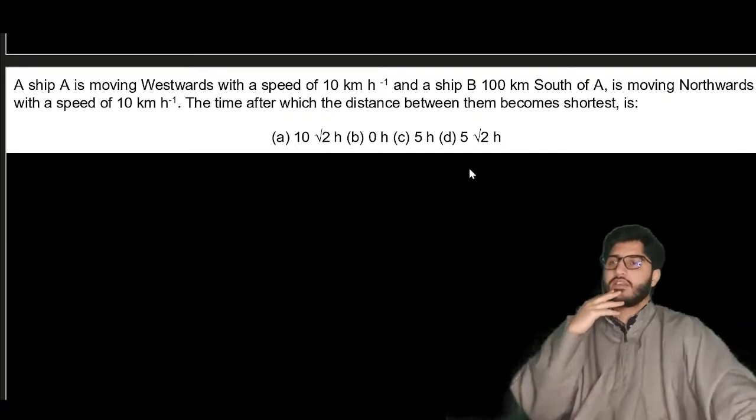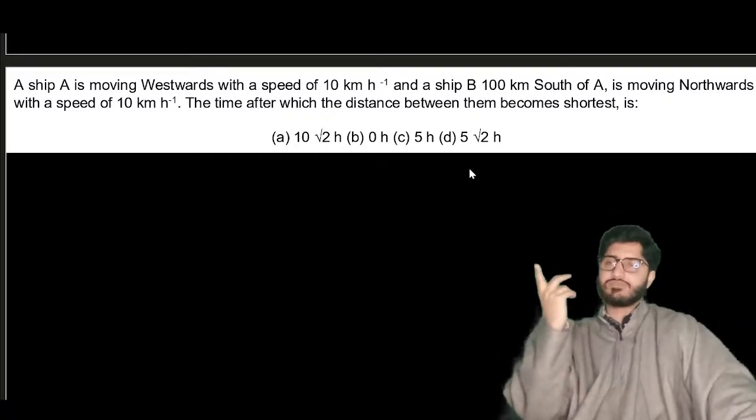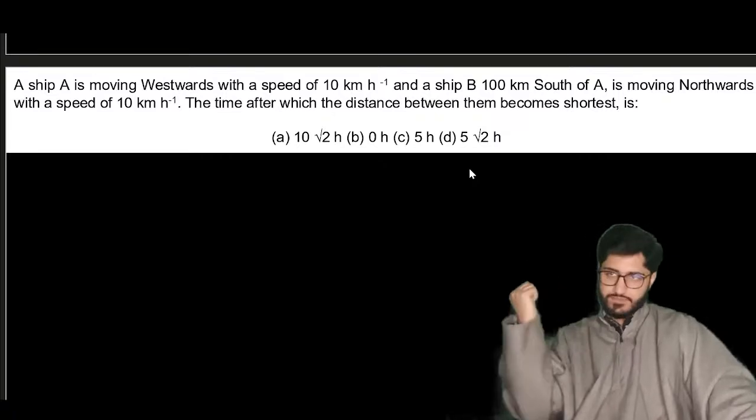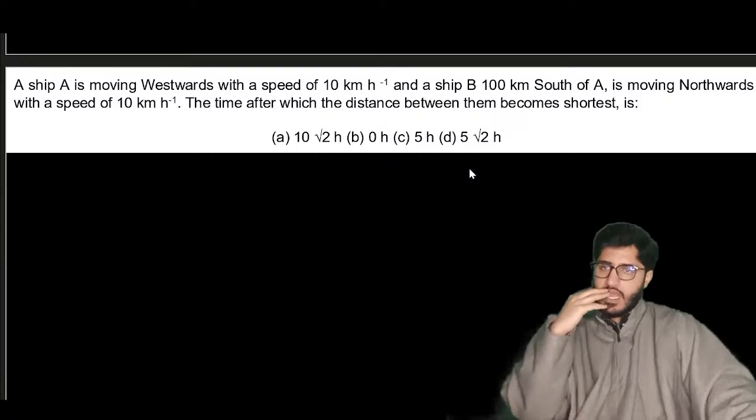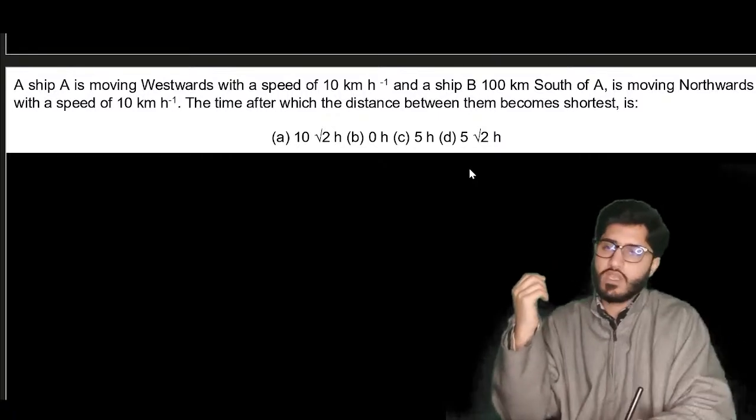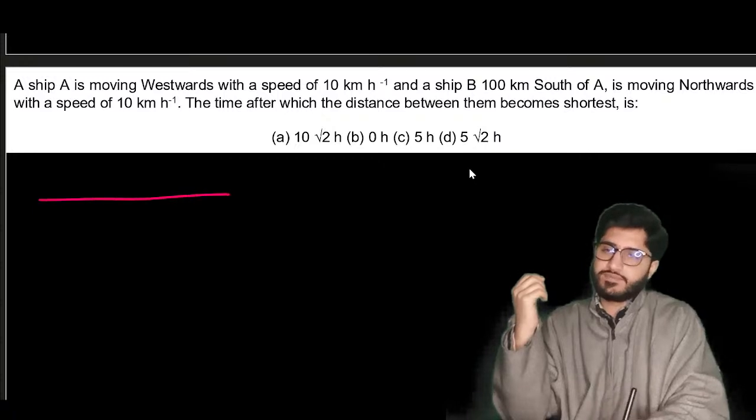Next numerical: a ship A is moving westwards with a speed of 10 km per hour, and ship B, 100 km south of A, is moving northwards. So it will be like this.